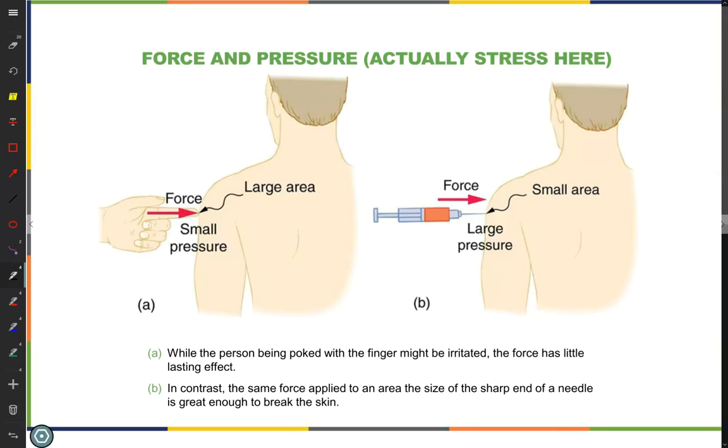But you put a force on the needle and it just goes right in, because the force per unit area is over a small area, so it's a big ratio. For the same force, a finger is never going to penetrate but the needle does, because the force per area is much bigger due to that small area.